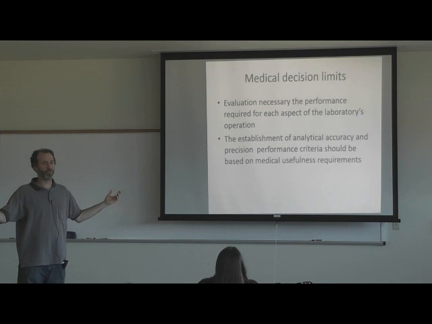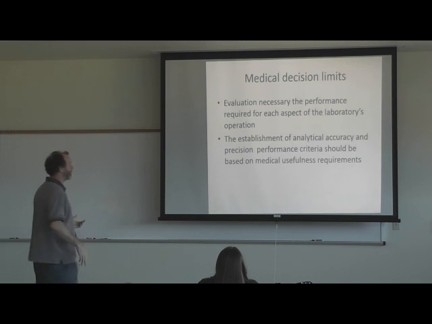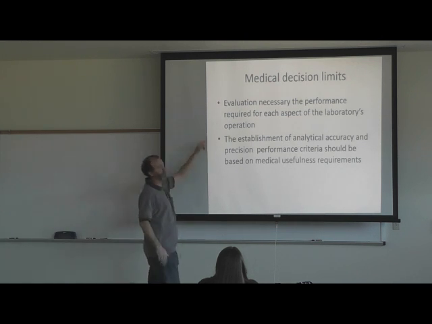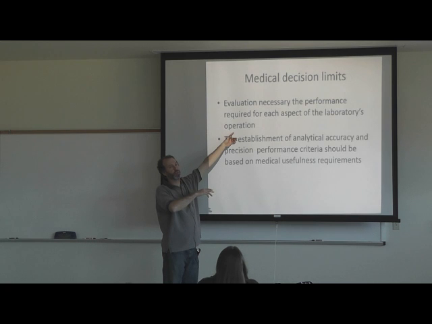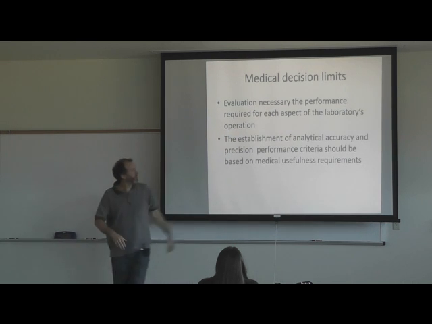It labels you as pre-diabetic or diabetic, I forget. Not fasting, the glucose tolerance test, right? So that would be like a medical decision limit. So you want to measure your accuracy and precision at these medical decision limits when you're coming up with how much error you're allowed. So this is where you want to measure it, at the medical decision limits.